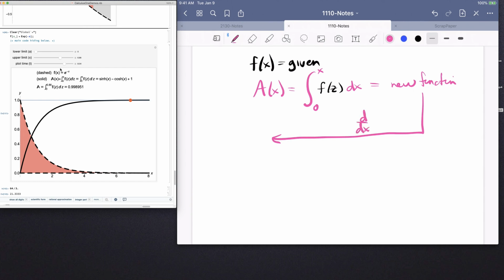If you take the derivative of this accumulation function, what you'll find is that you get f of x, the original function we started with.